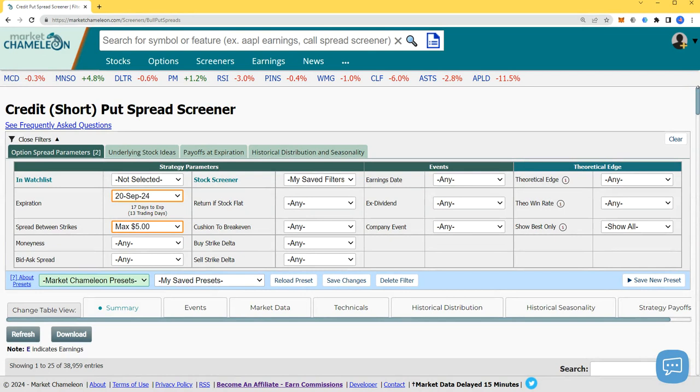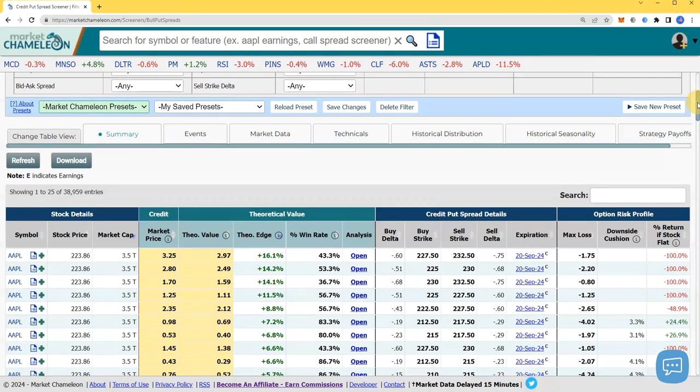Option one, if the stock goes up, you make money. If the stock stays the same and your put credit spread is below the stock price, you make money. And third, if the stock goes down just a little and stays above your put credit spread strike prices, then those are the three options that you can make money.